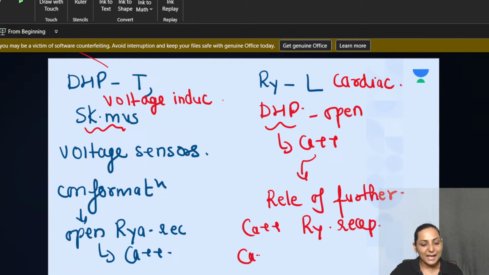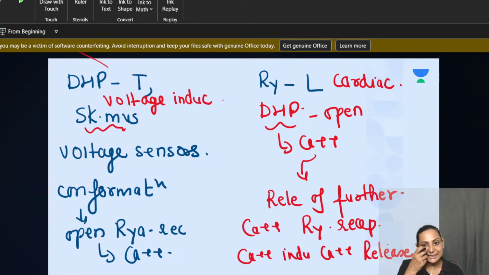So this is called calcium induced calcium release. So when you get the term calcium induced calcium release, it is with the cardiac muscles, where the outside calcium is needed for opening of the calcium which is present inside.